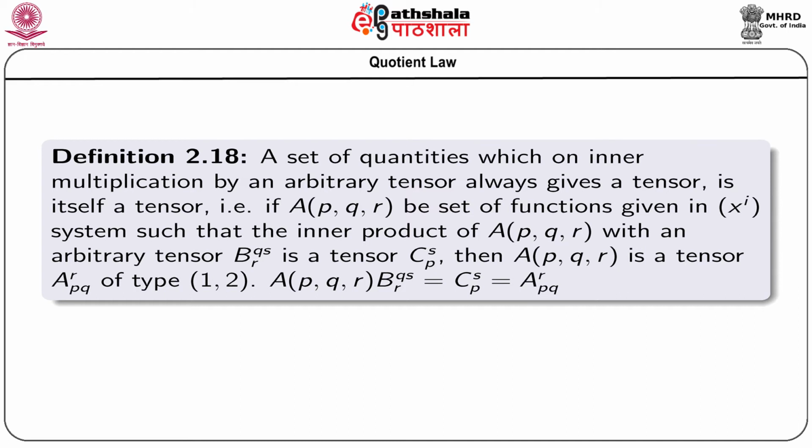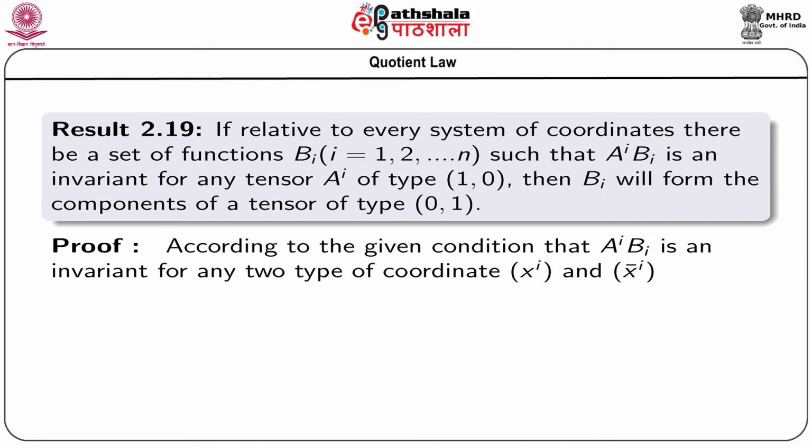That means, if the nature of the function A(p,q,r) is not known, but the nature of B(q,s,r) is known because it is a tensor of type 2 1, and after the inner product of A and B(q,s,r), it gives another tensor of type 1 1, that is C_sp, then A(p,q,r) becomes a tensor A^r_pq of type 1 2. Now, see the result.